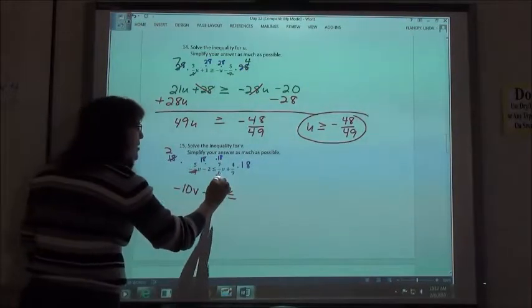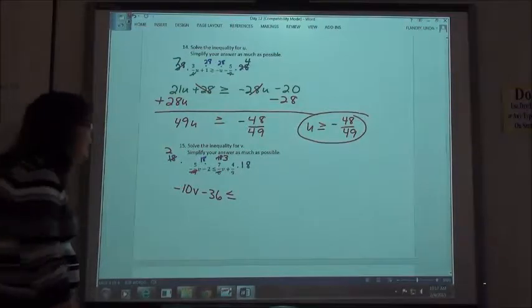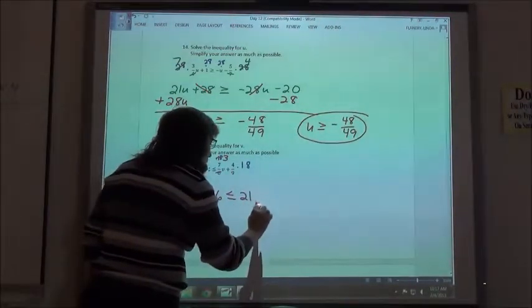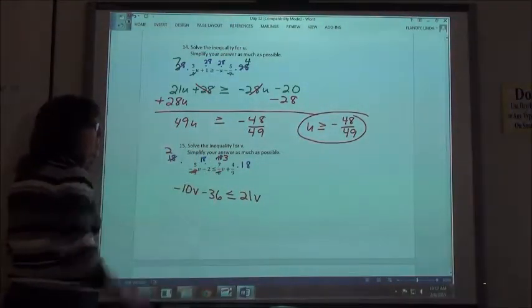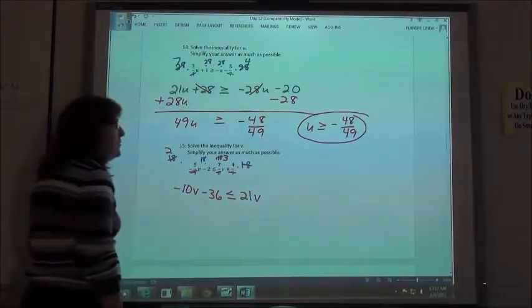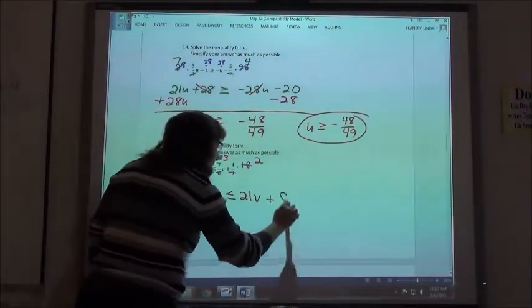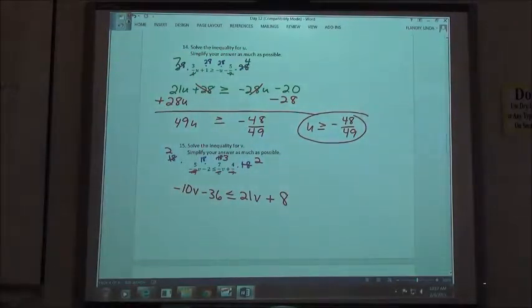Here I have a fraction, 6 goes into 18 3 times my 7v, 21v. And then again, we have a fraction on the end. 9 goes into 18 twice. 2 times 4 is 8. So negative 10v minus 36 is less than or equal to 21v plus 8.